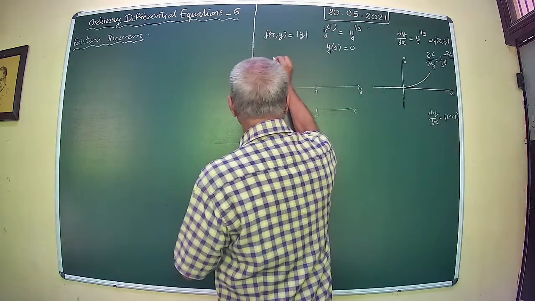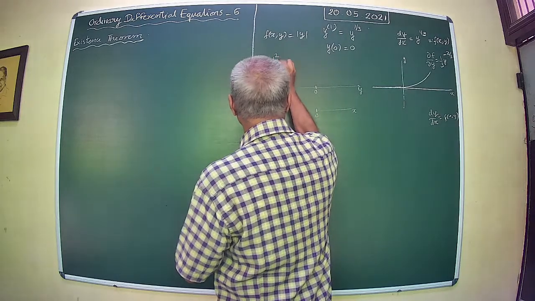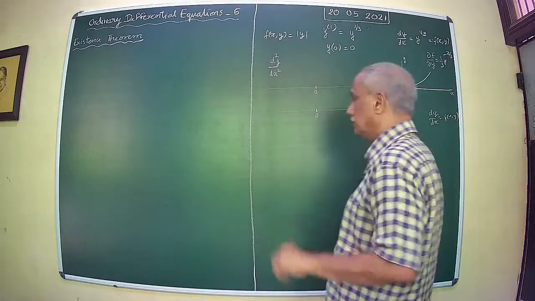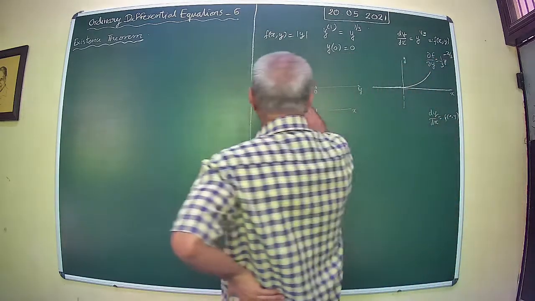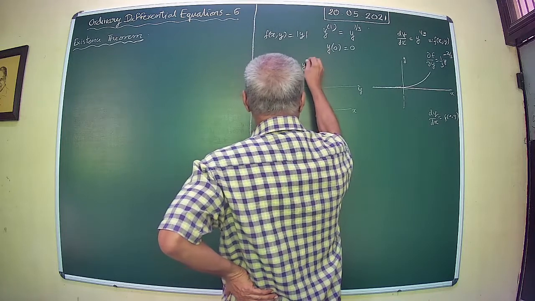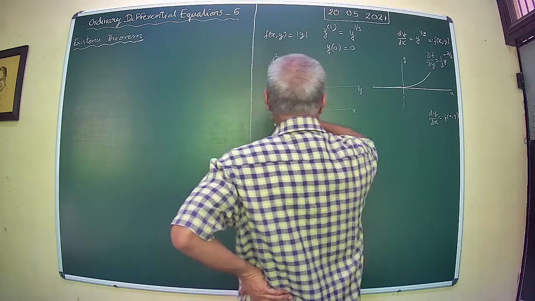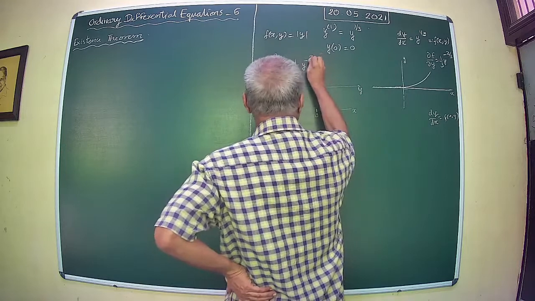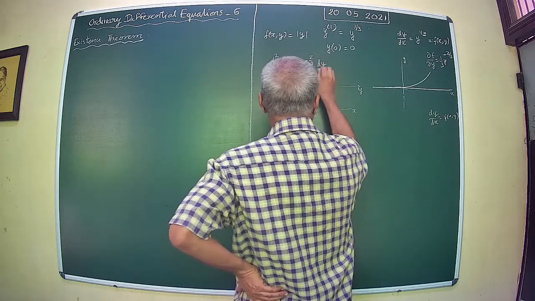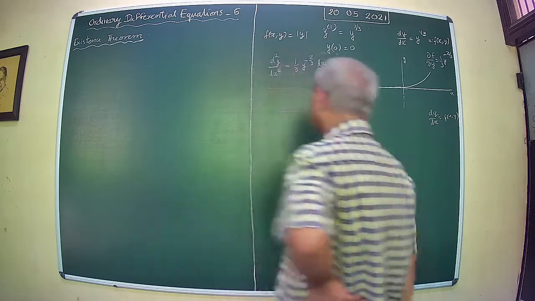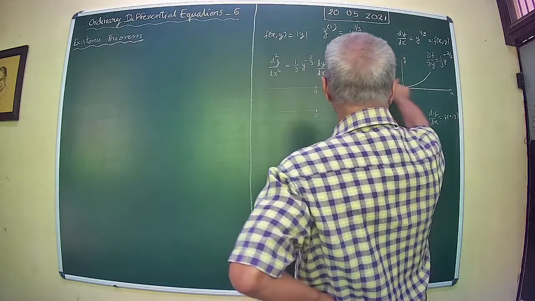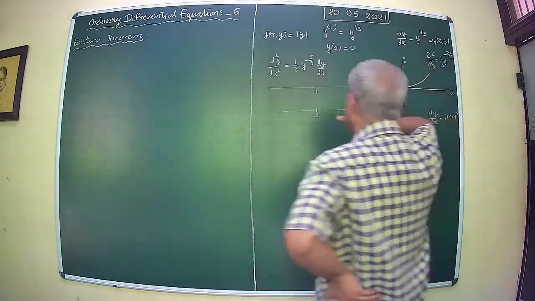Now let us go to the second derivative. What is d2y by dx square? Here x is the time variable in the dynamical scenario. So this is equal to 1 by 3 y to the power minus 2 by 3, and dy by dx is y to the power 1 by 3.